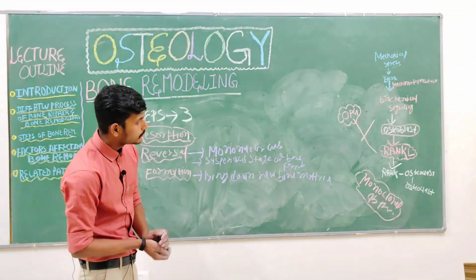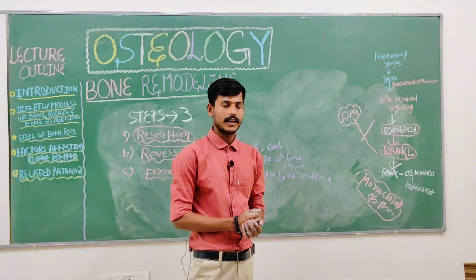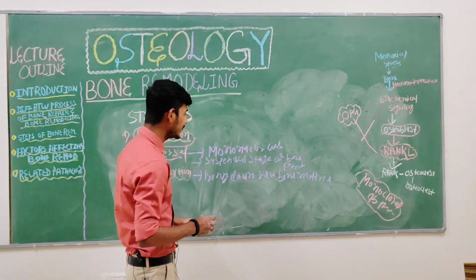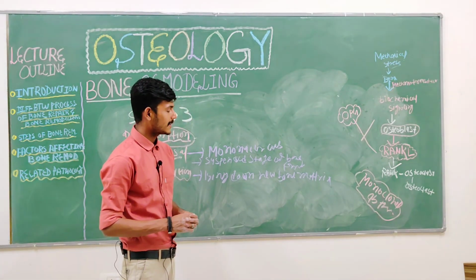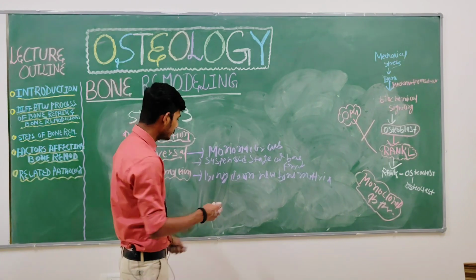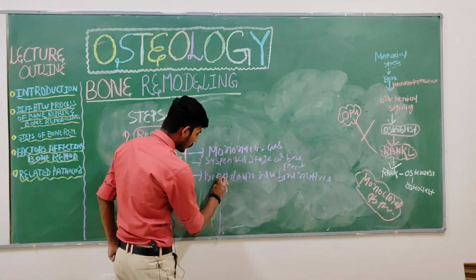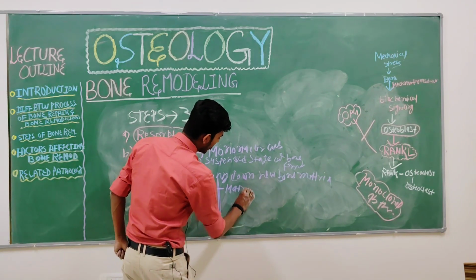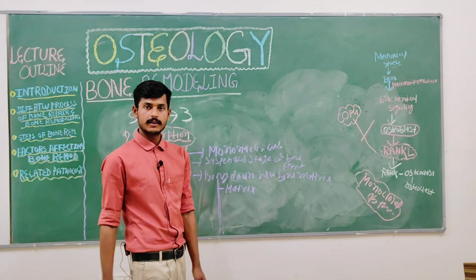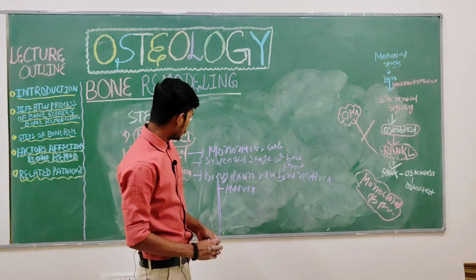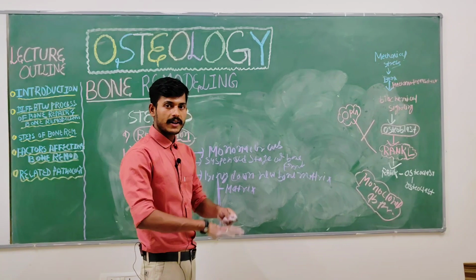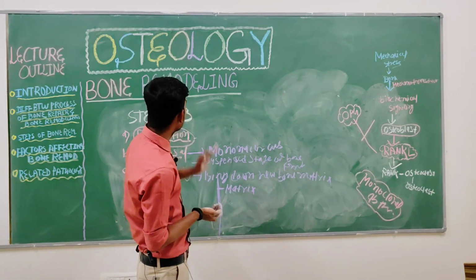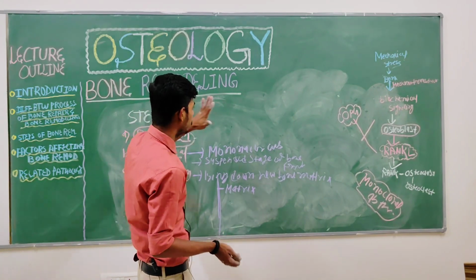Because the osteoblast cells, as their name says, are the bone forming cells, they have their own proteins and enzymes which are involved in the formation of the matrix of bone. I'm not going into detail, but just understand it's forming the matrix of the bone and the new bone is formed. This is basically the process of bone remodeling.